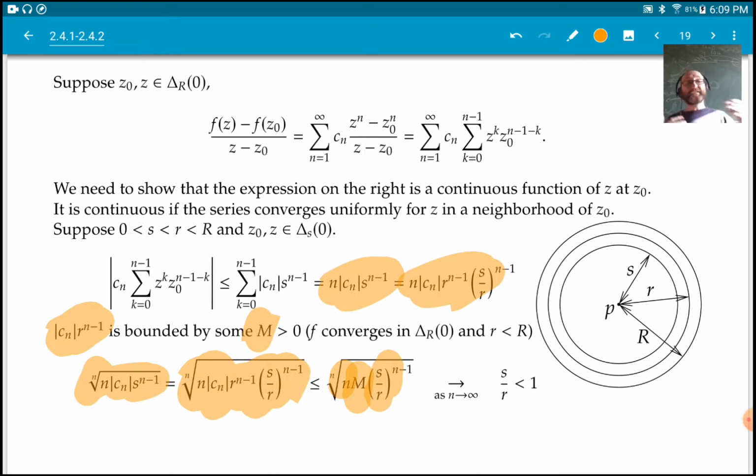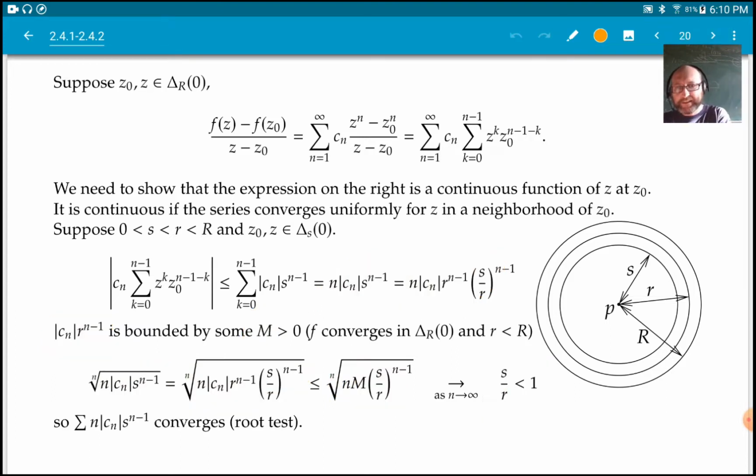So as n tends to infinity, this does go to s over r, and we picked little s to be less than little r, so this is strictly less than 1. So the root test applies, and it says that this series converges.